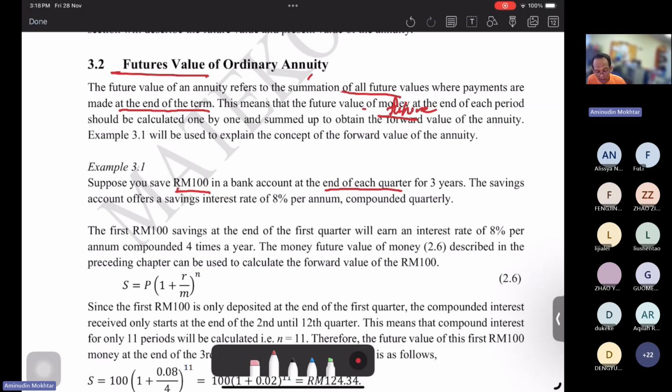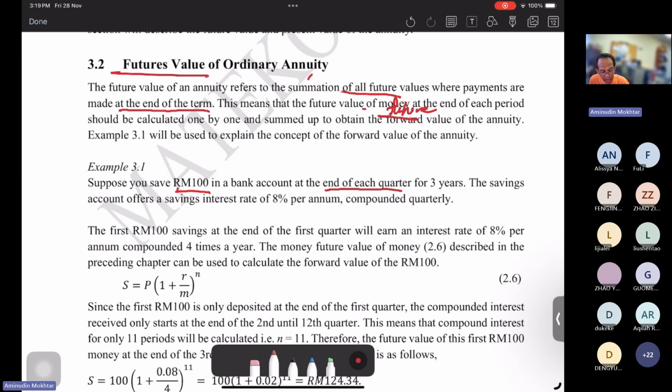That's the assumption, and you will keep saving your money at the end of each quarter for 3 years, from 2025, 2026, and 2027. If you start saving this year, every quarter, end of March, June, September, and December, you save for 3 years.